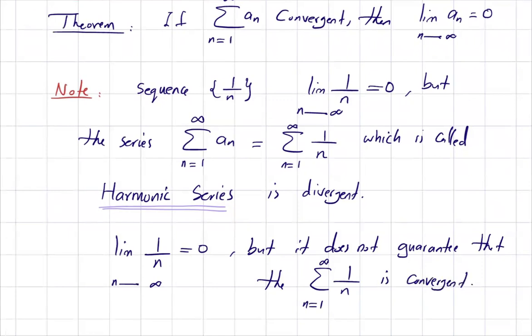So if the limit of the general term is equal to 0, we still have to run other tests to make sure our series is convergent or not.